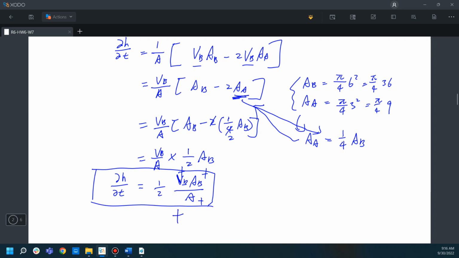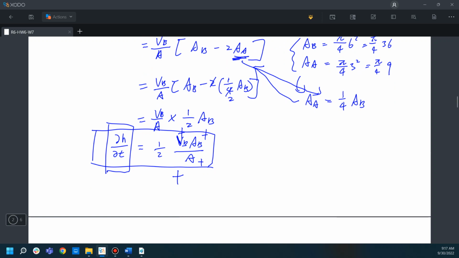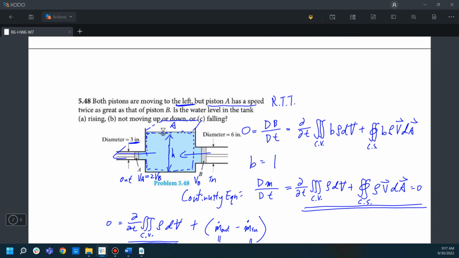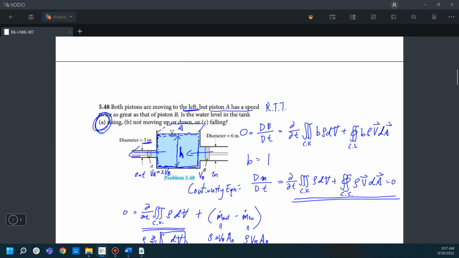That tells us this rising rate is positive. So we note that the water inside this control volume is rising, because we know that this change of the H rate is increasing. So the water is rising.